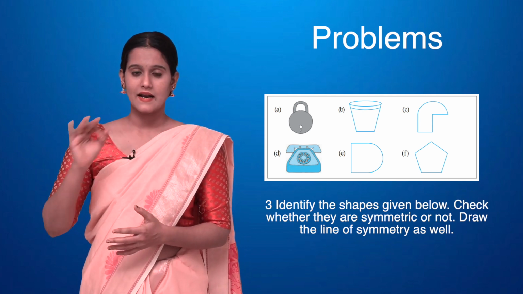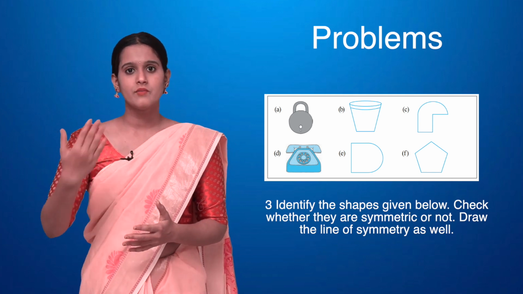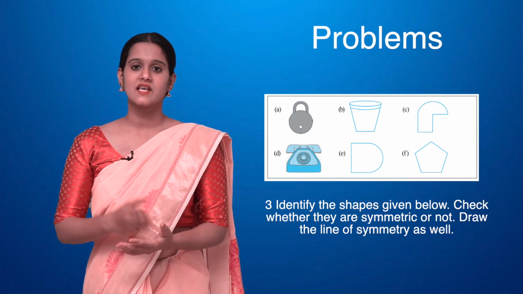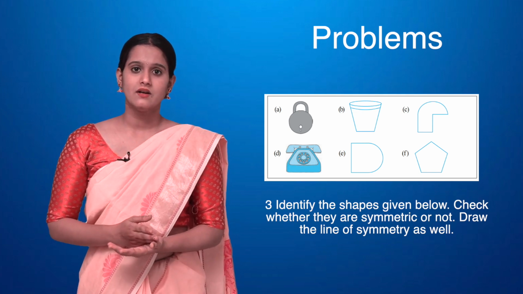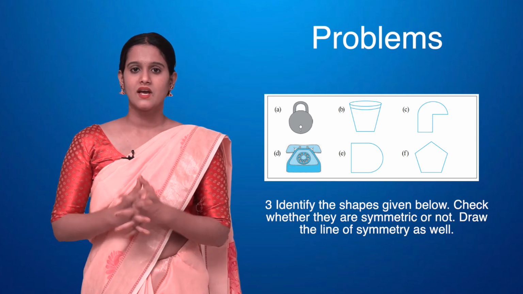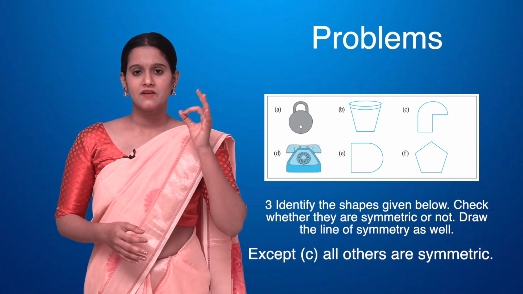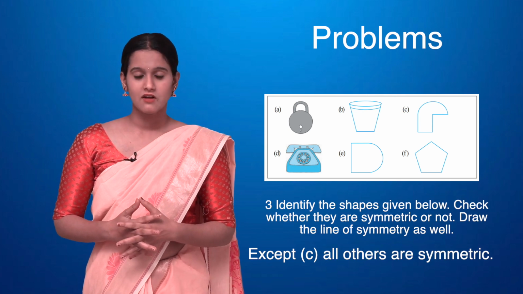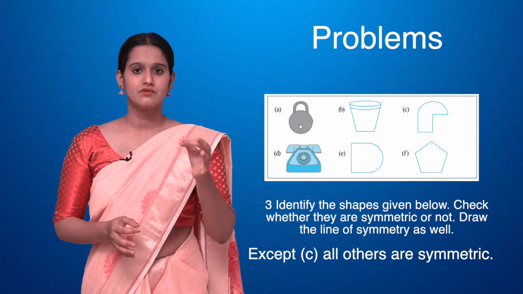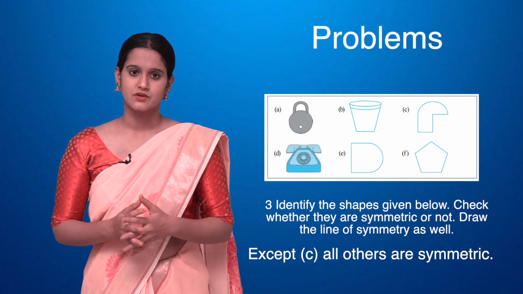If I draw the line of symmetry horizontally, one half would be symmetric to the other. Okay, now the next diagram is the hexagon. Again, if you divide it, one half would be symmetric to the other half. Okay, from this I can say figure C is not symmetric, whereas all the other figures are symmetric. Except 3, all the others are symmetric.